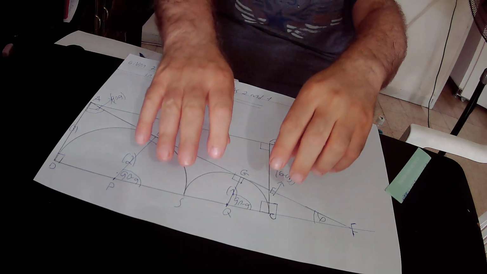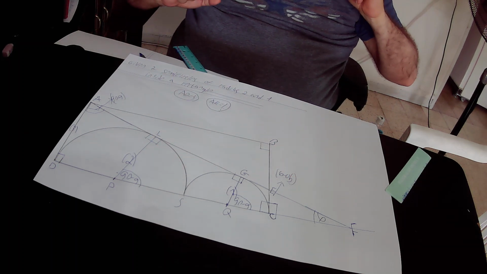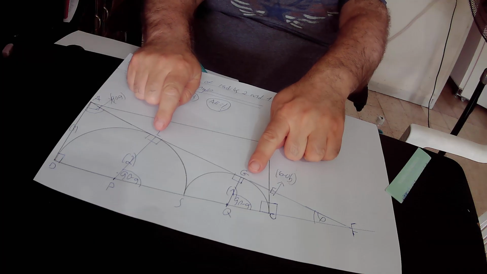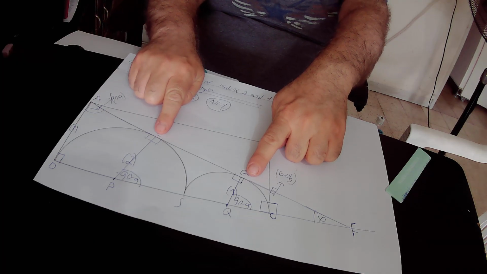So why are those two right triangles similar to each other?